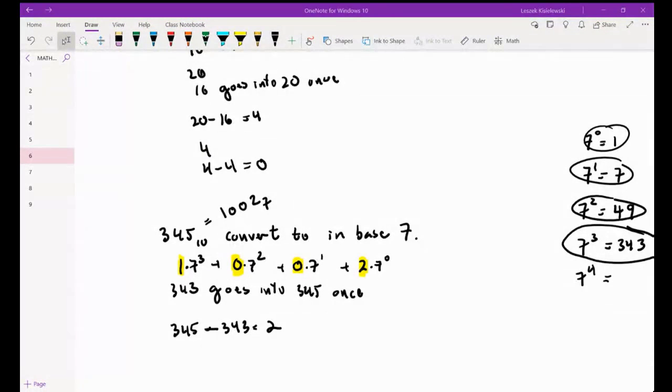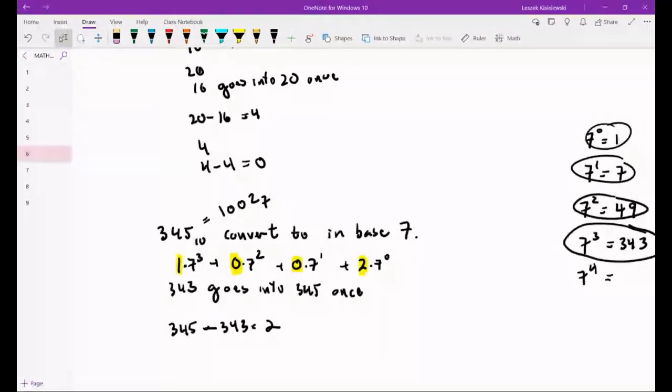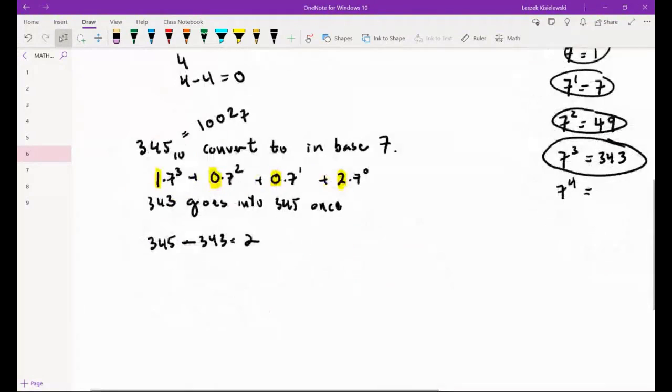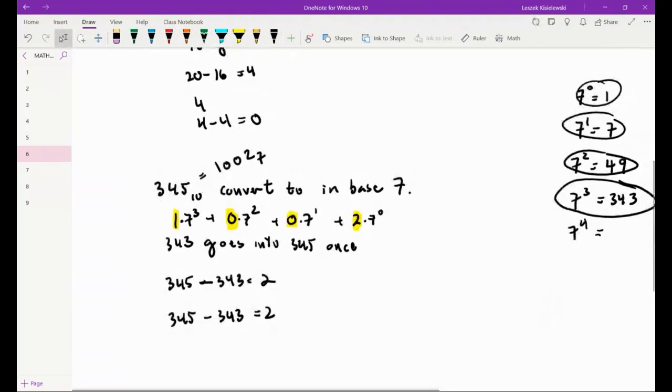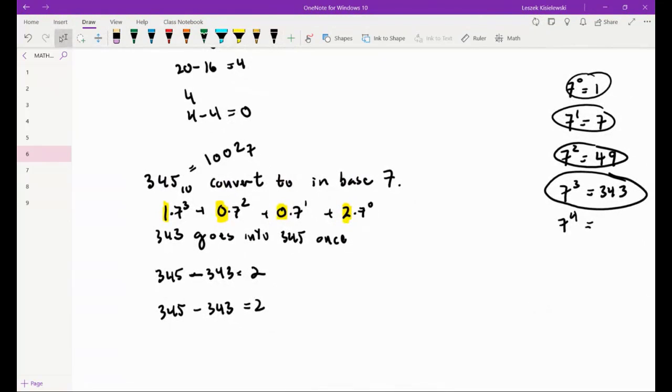Not a particular base. I just got confused with the 7 to the power of the 0. Why is it 2 again? Like for the final digit, why is it 2? Right, so we see that 343 went into 345 once, and then we updated our number by subtracting, and then we saw that the other powers of 7 don't go into 2. 49 doesn't, 7 doesn't, but 1 does.